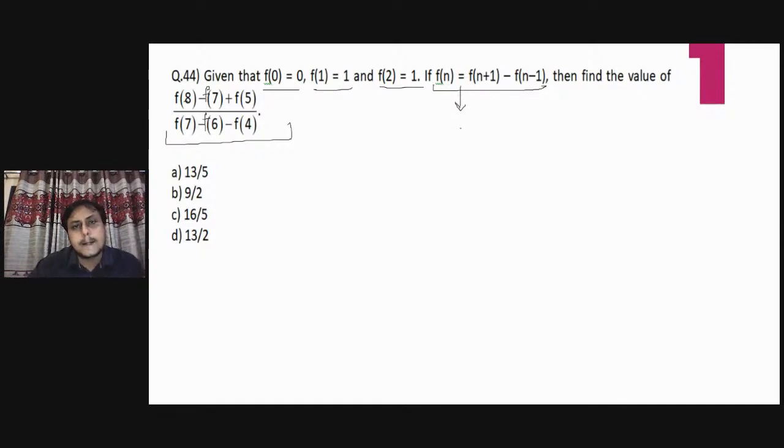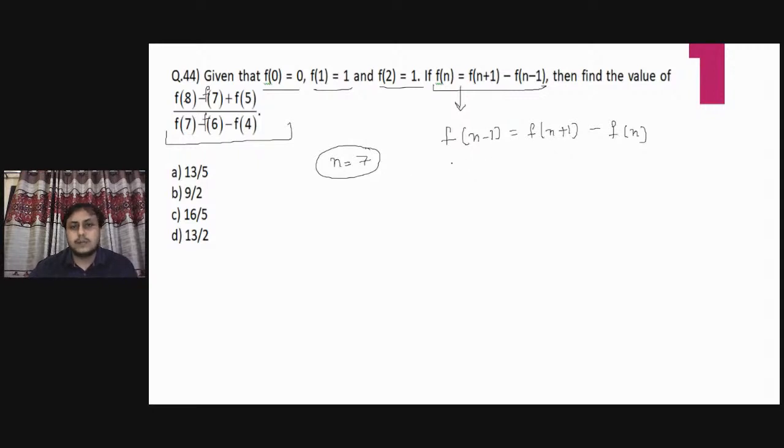So we can write it as fn minus 1 equals fn plus 1 minus fn. Put n equals to 7, because we need to find f8 minus f7. I am trying to find f8 minus f7 so that it becomes easier.